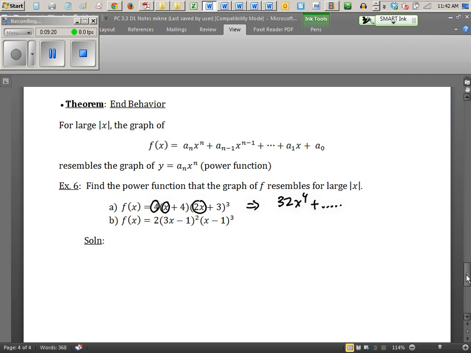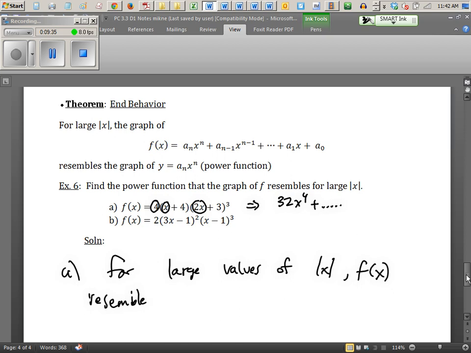Okay? So what this means graphically is for large values of absolute value x, f of x resembles 32x to the 4th. Okay?